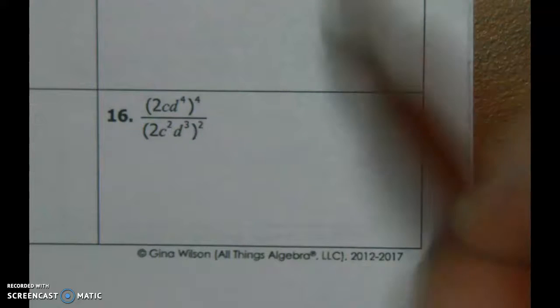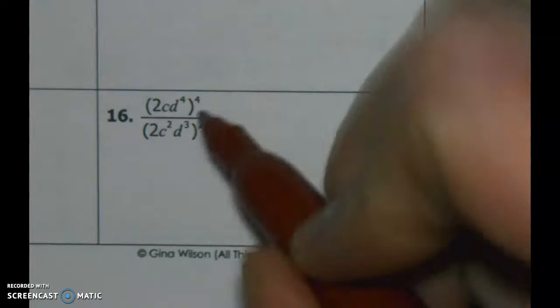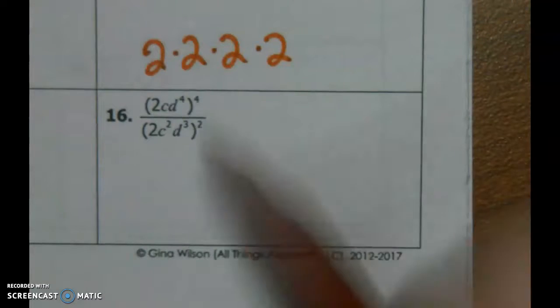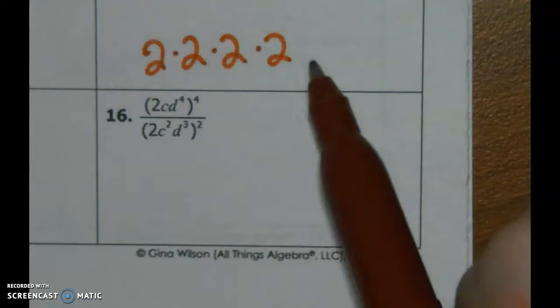16 looks really hard and scary and you're all terrified. Yes, I know. Feel free to take a break for some ice cream if you like, but we're going to keep working. Remember, you have to apply the exponent to the numbers as well. So 2 to the 4th power is 2 times 2 times 2 times 2. 2 times 2 is 4, times 2 is 8, times 2 is 16.